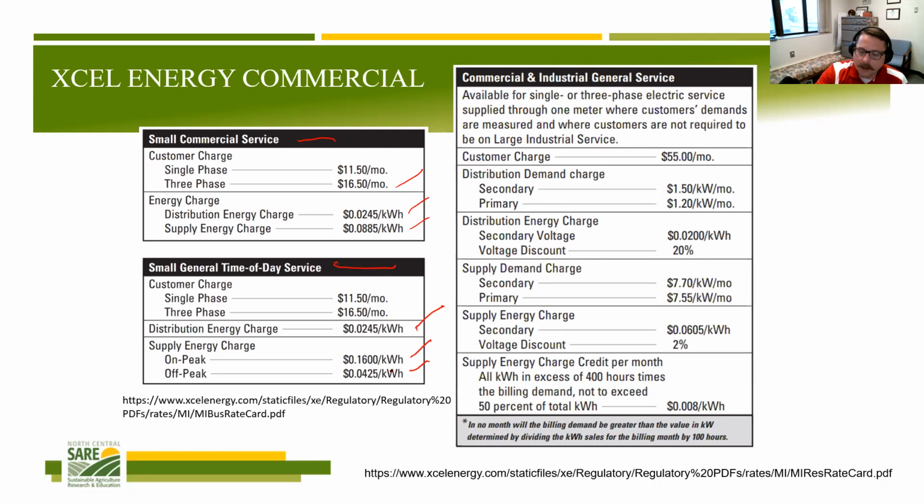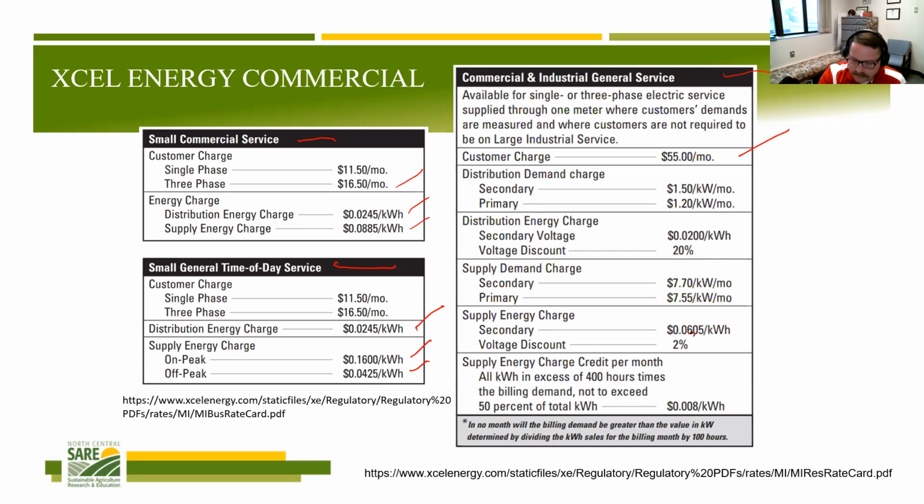As we move into the bigger industries and commercial, and this could be larger farms as well, it kind of changes a little bit. We have a larger customer charge. We have a distribution demand charge and a supply demand charge, and then we have energy charges. But let's just first look at our energy charges.